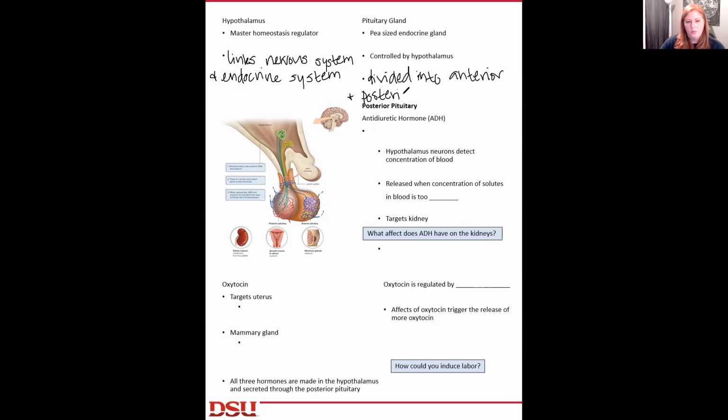And each of those regions has its own function. So the posterior pituitary secretes an antidiuretic hormone, or ADH. This regulates the water-salt balance in the body, and is something that's going to end up working with the kidneys.